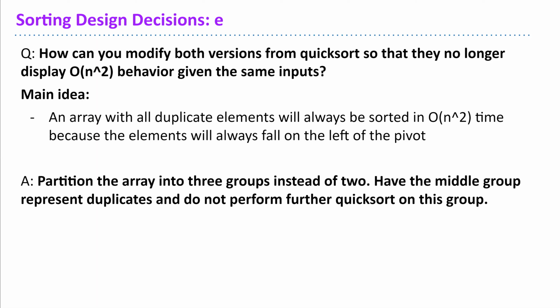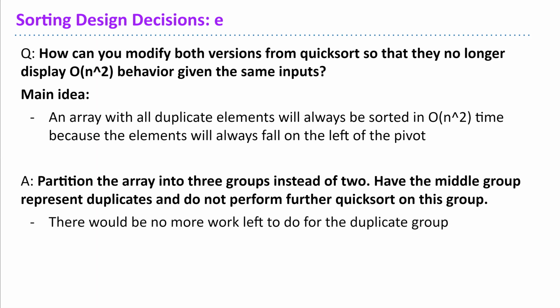And we would just not do any more sorting on our middle group. We would just say, okay, these are already sorted since they're all the same element. We don't have to worry about it anymore. Let's just concentrate on our left and right groups. For that reason, there would be no more work left to do for the duplicate group.